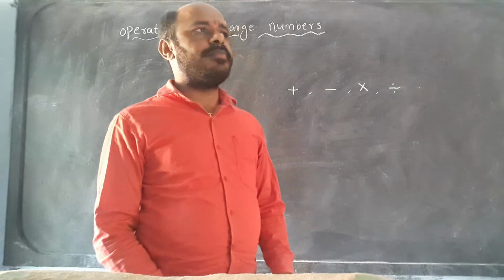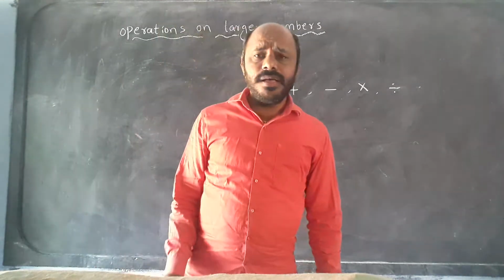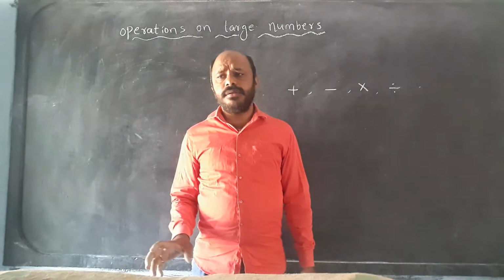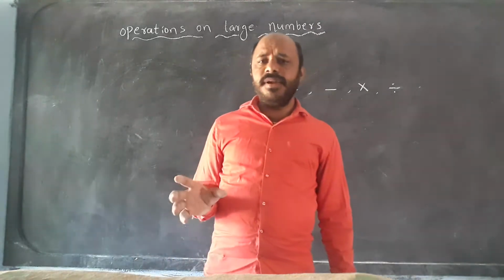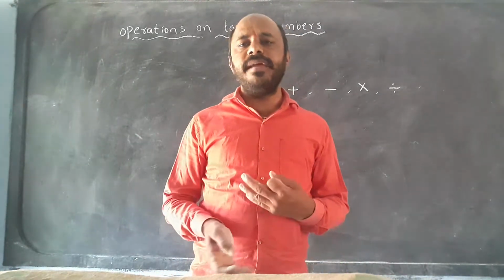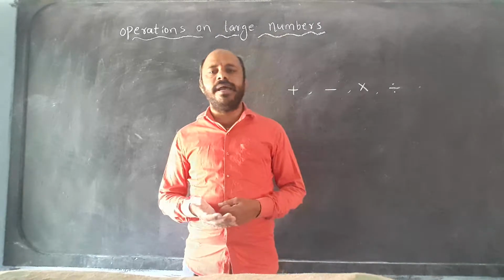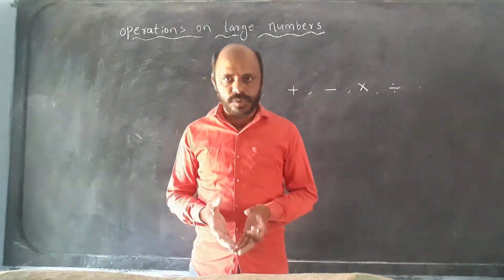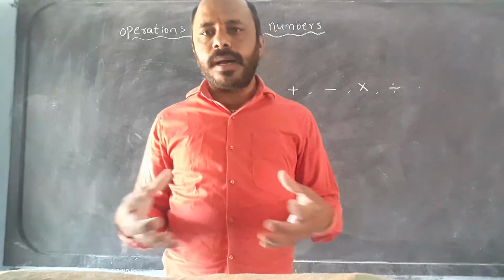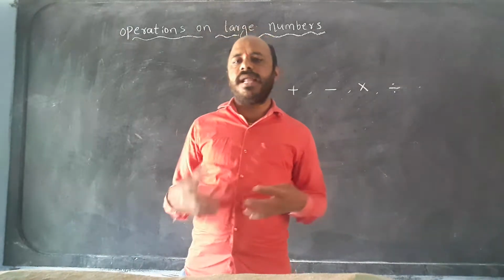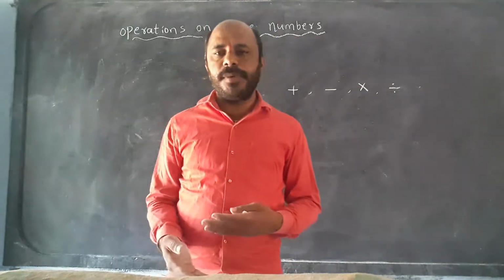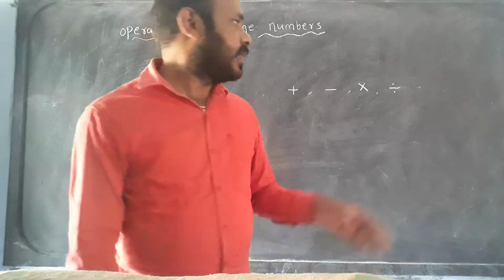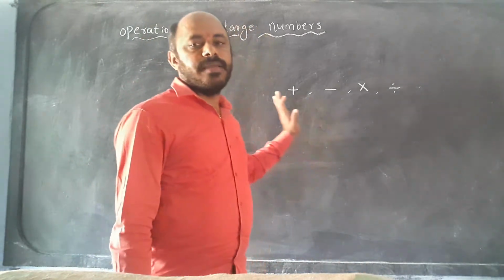For example, when we go outside and buy two things, we add the amounts of both things and give that to the shopkeeper. In the same way we add the other things also.